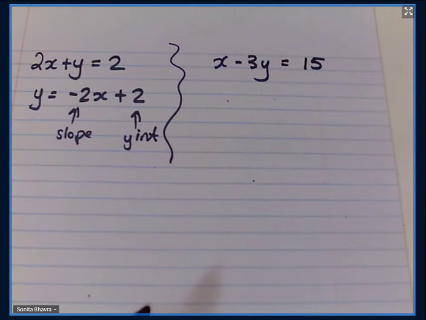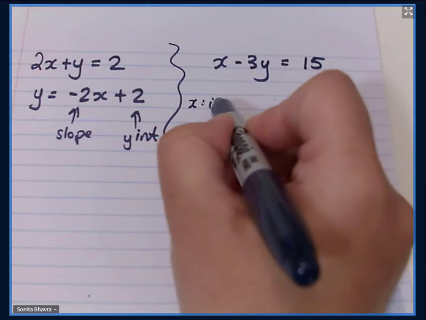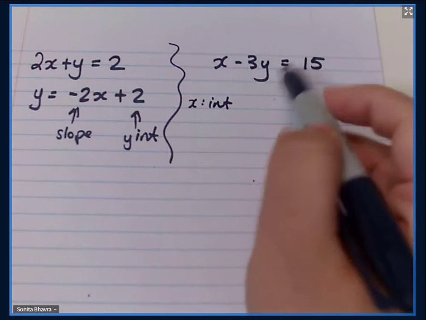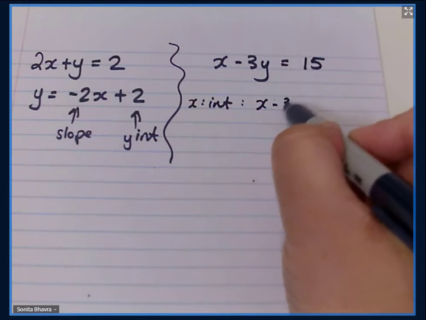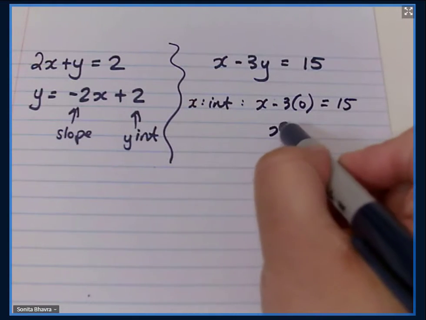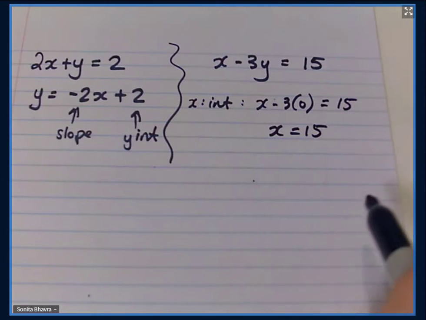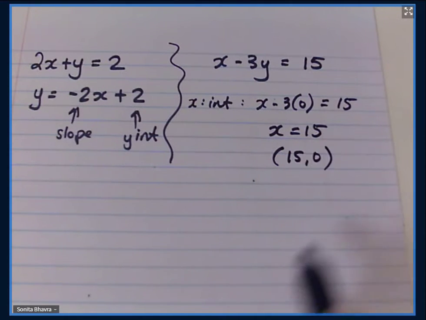All right, so if we were looking for our x-intercept, you just make y equal to 0. So I'm looking for my x-intercept. I'm going to make my y equal to 0. So x minus 3 times 0 equals 15. So x is just equal to 15. And that point then would be 15, 0.